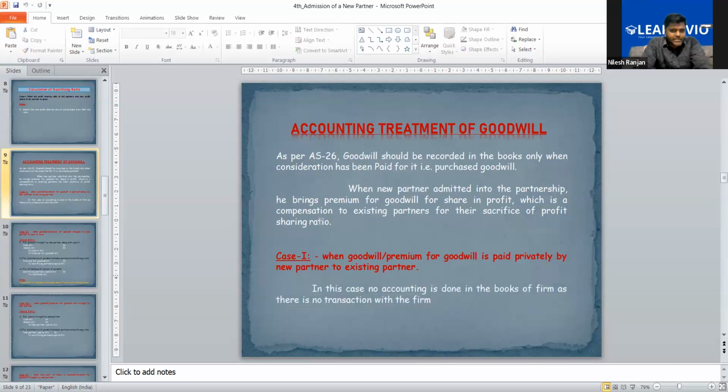Okay, so please write this first part, then we'll discuss the second case of goodwill. Now the practical part will start. This is the theory part of goodwill.